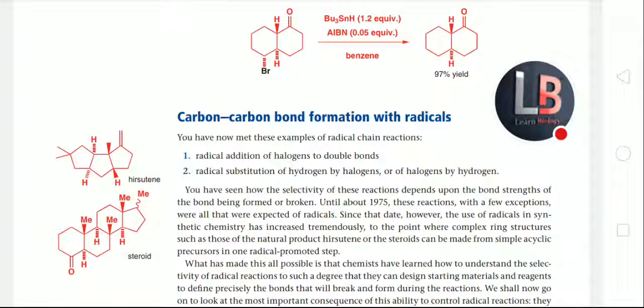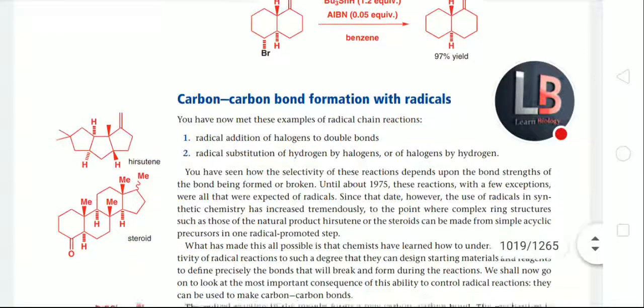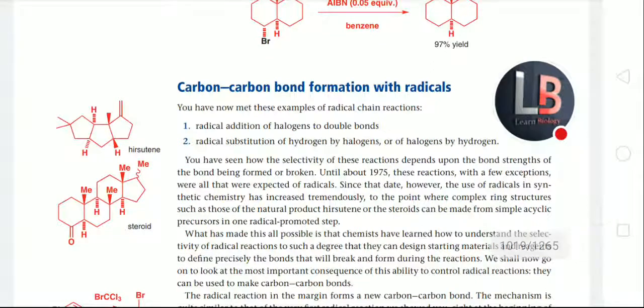Since that date, however, the use of radicals in synthetic chemistry has increased tremendously, to the point where complex ring structures such as those of the natural product hirsutine or the steroids can be made from simple acyclic precursors in a single radical promoted step.